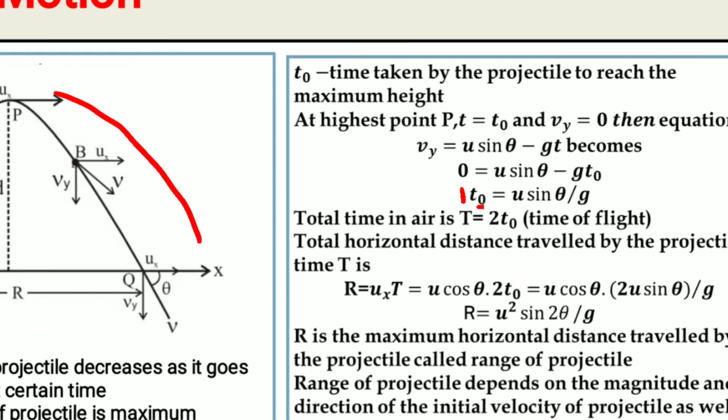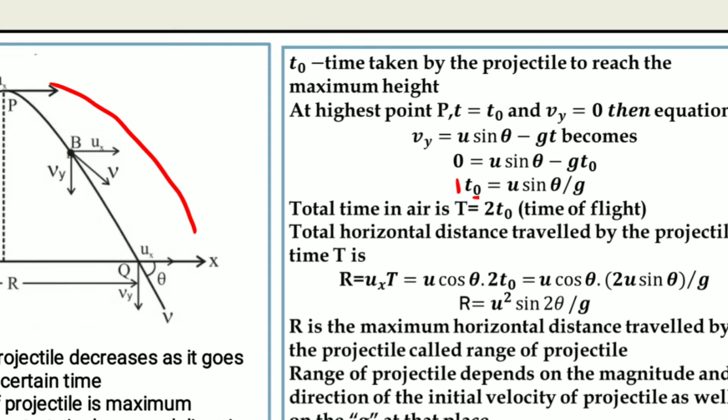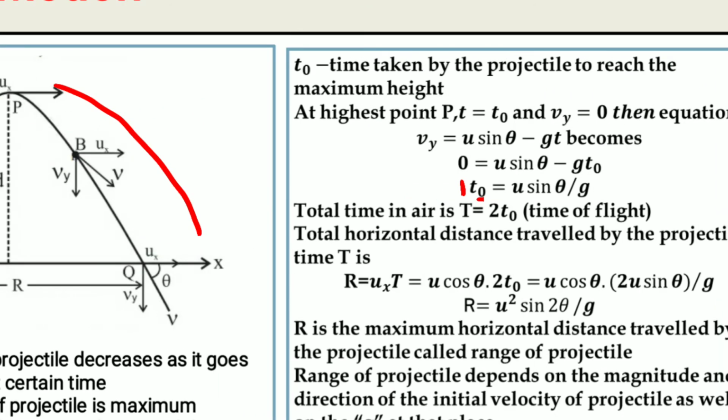So the total time taken by the projectile to reach from point O to Q is T, that is equal to 2T0, that is you can say the time of flight.